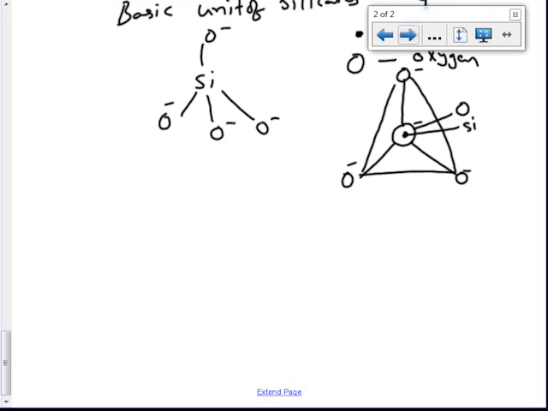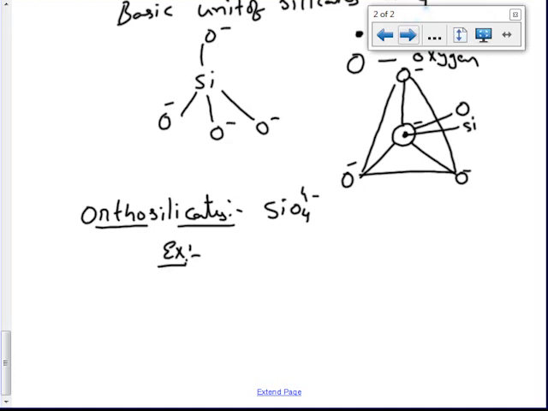Now see how many varieties of silicates there are. Simply, we call them orthosilicates. The general formula of the orthosilicate ion is SiO4 4 minus. The hydrogens are replaced by some metals.